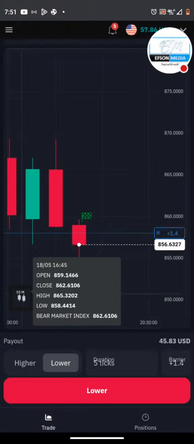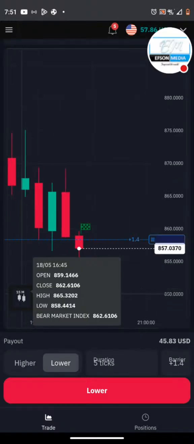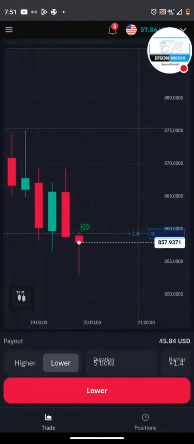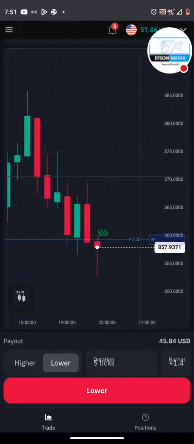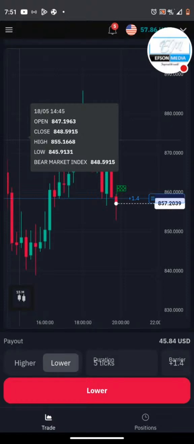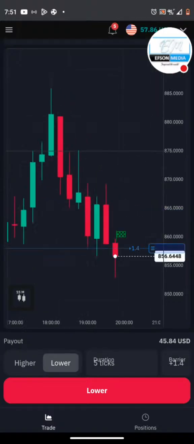Then I also trade in the direction of the candle that is moving, because resistance or supports are very key in trading. When it hits a resistance or support, there is a delay at that particular spot. The movements are delayed at that particular spot.